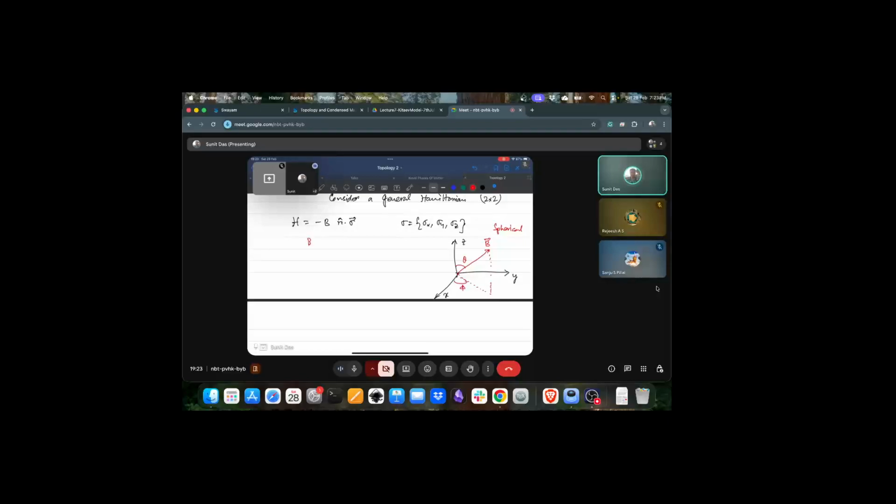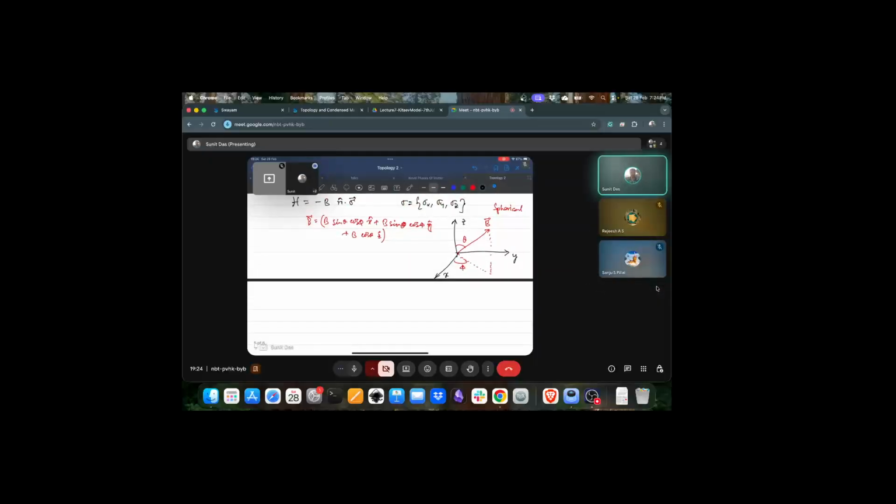So B will have components B sine theta cos phi times x cap, plus B sine theta sin phi times y cap, plus B cos theta times z cap.